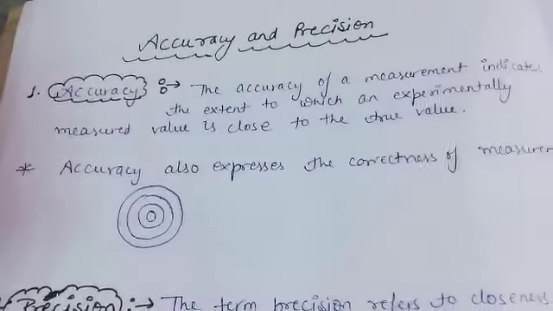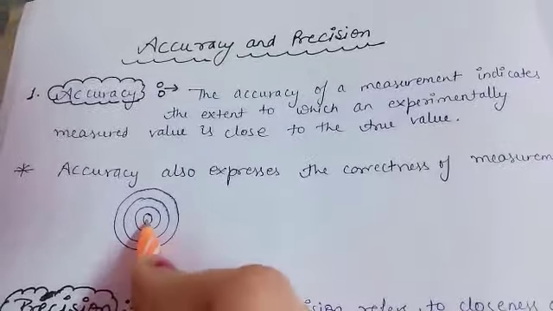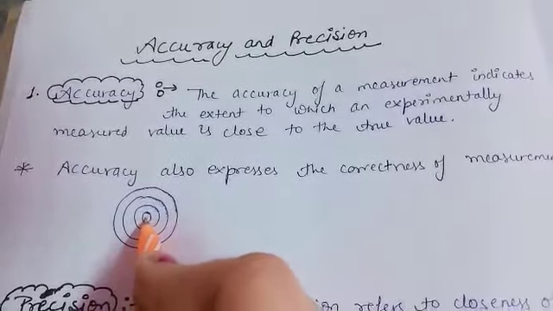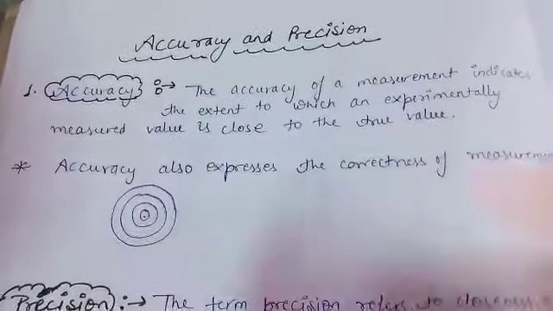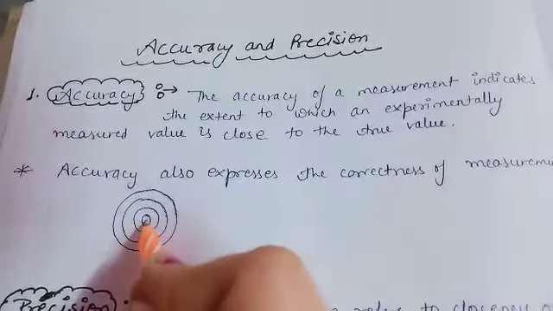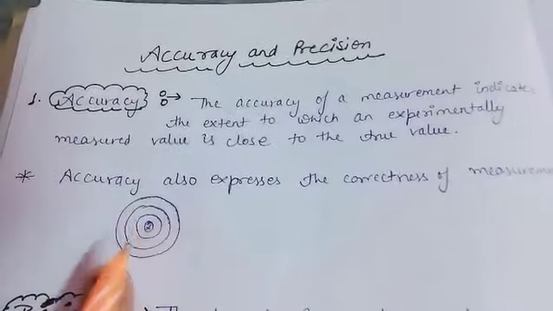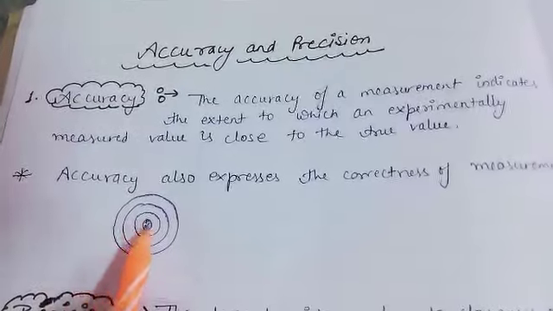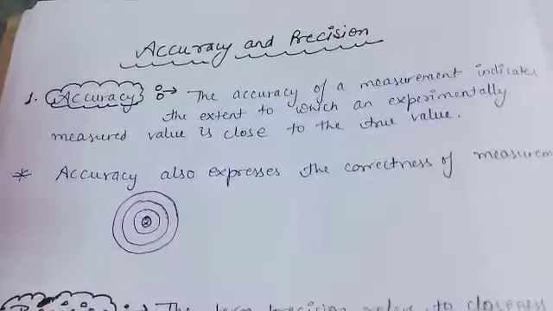For this you will get full marks, that one is 8. If the shooter's aim hits exactly here, like this, then for this whole circle he or she will get full marks.